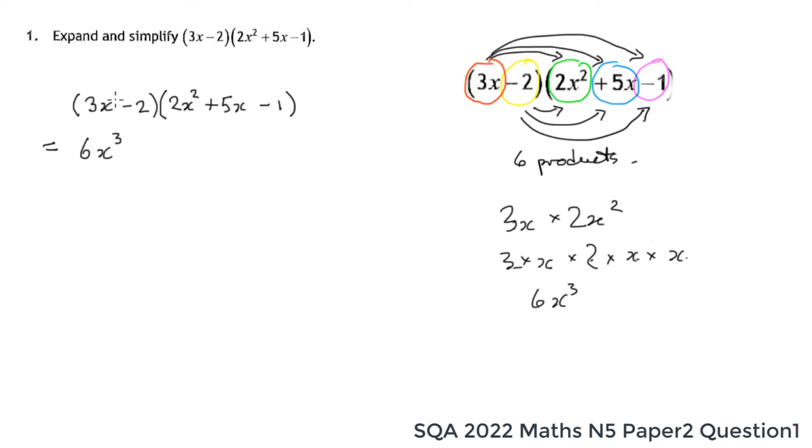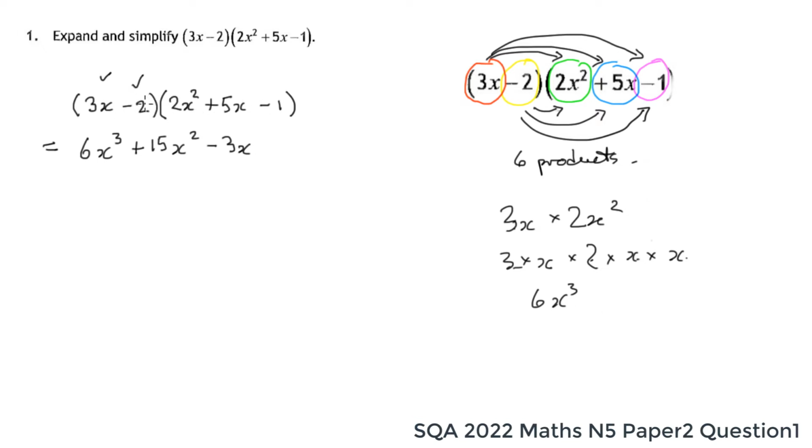So red times blue, 3x times 5x, that'll be 15x squared. Red times purple, that's 3x times negative 1, that'll be negative 3x. Now that's us taking care of the 3x. We've now got to go to the yellow term, the negative 2, and make sure each term in the second bracket gets multiplied by negative 2.